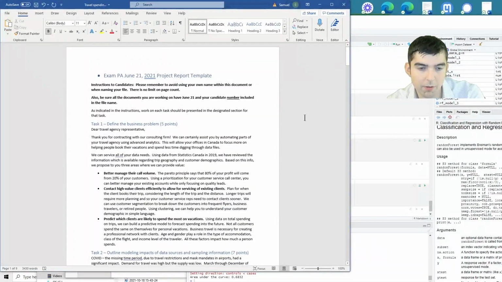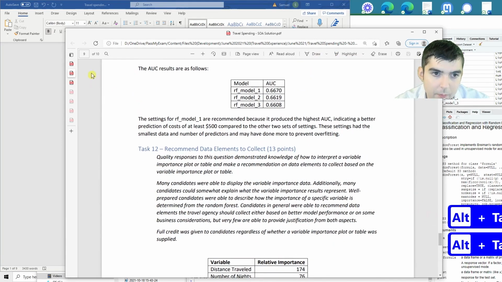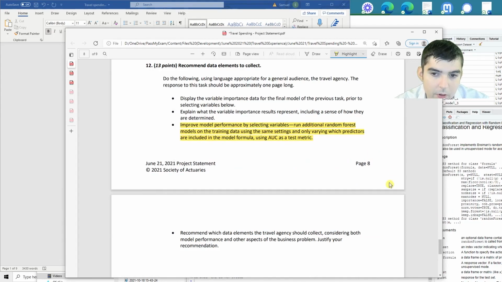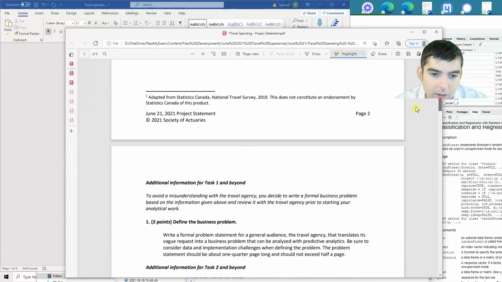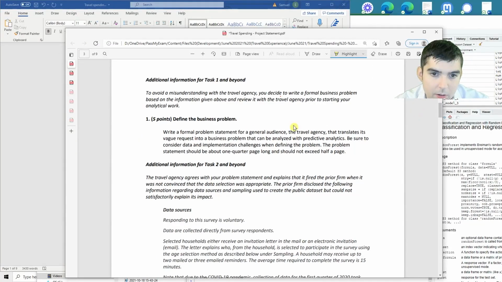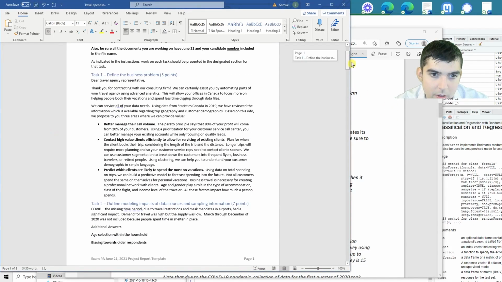And then the other thing to look for is that you write to the correct audience at each step. So look at each task. Task 1 is a formal problem statement for a general audience. Let's just make sure. Yeah, dear traveling agency. That looks good.